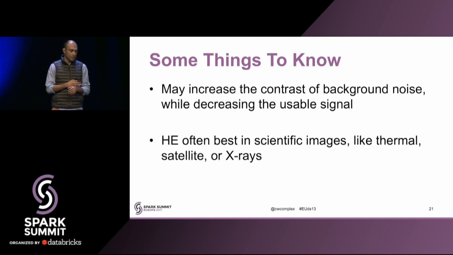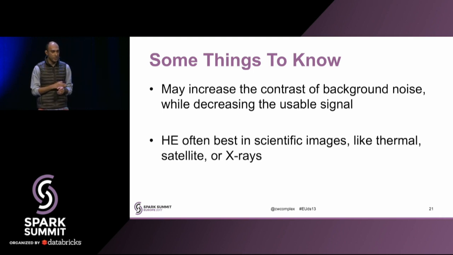So some notes about histogram equalization: if you have a lot of background noise, the histogram equalization doesn't know anything about it. It doesn't distinguish noise from signal. So noise reduction is really important.